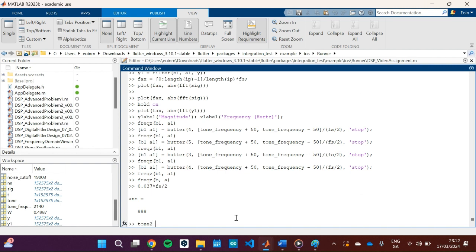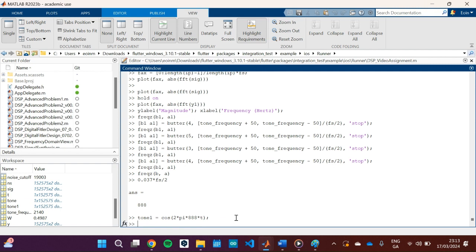I'll call it tone 1. It's going to be equal to cosine 2 times pi times that frequency, 888, multiplied by a time variable. And then I'll run it through this filter here of the B and A coefficients.